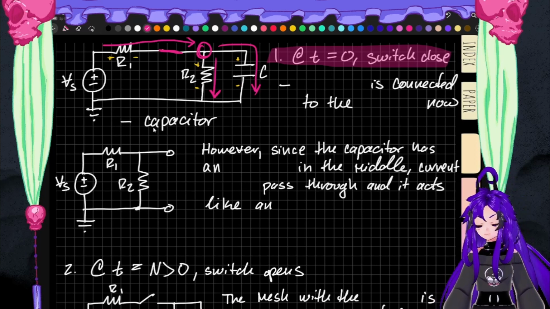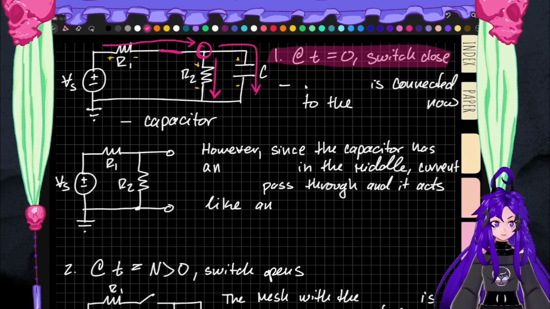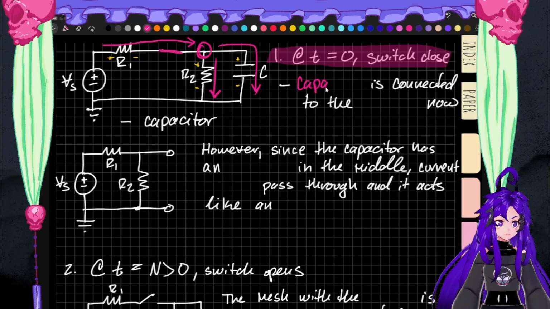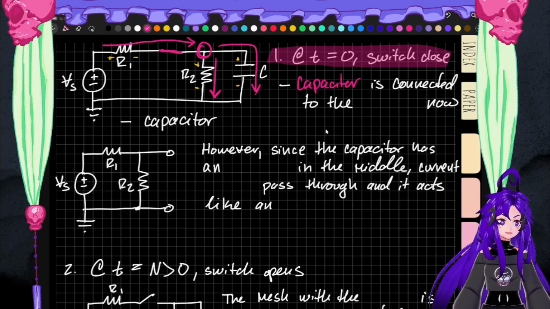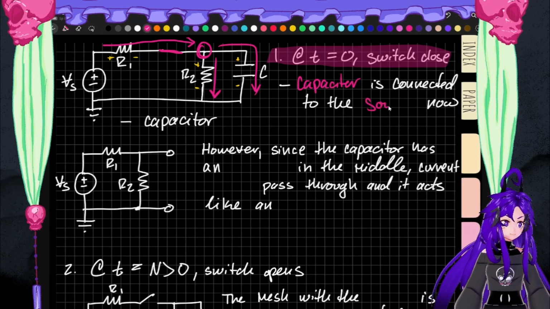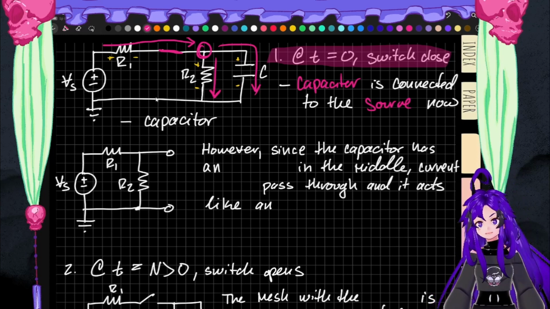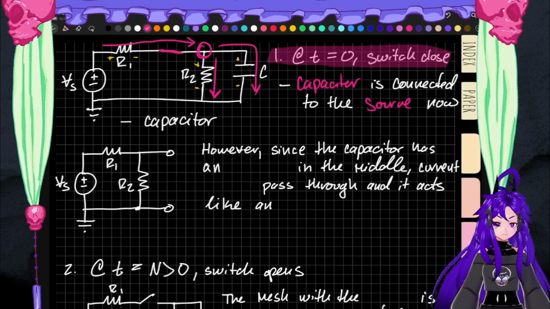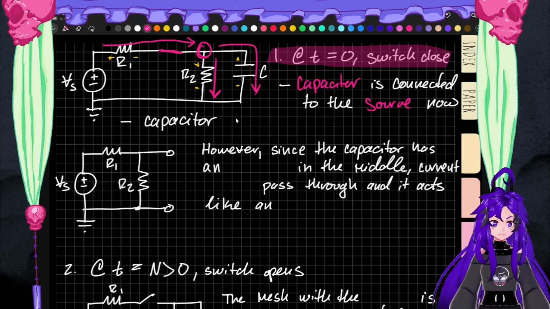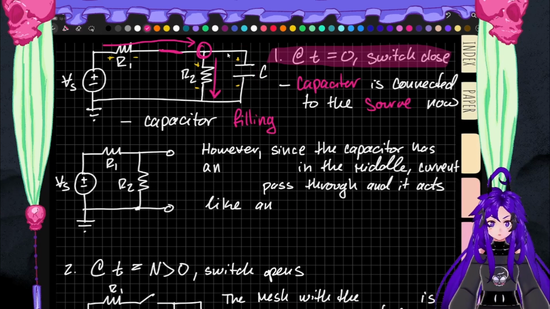So the capacitor in this situation is connected to the source. When this closed, this became a valid circuit, and the capacitor was connected to that valid circuit through this node. The capacitor is filling, because actually, we don't have a current through this capacitor.